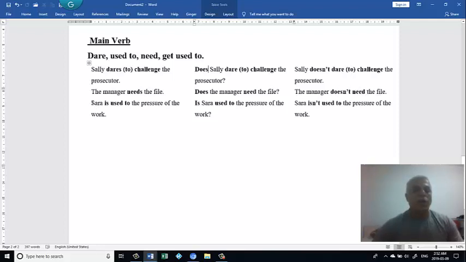Then the last one, we say, Sarah is used to the pressure of the work. Because here I have a subject, I have an auxiliary verb. This here is working as a regular verb. That's the reason we put ed, because here it's going to be passive.